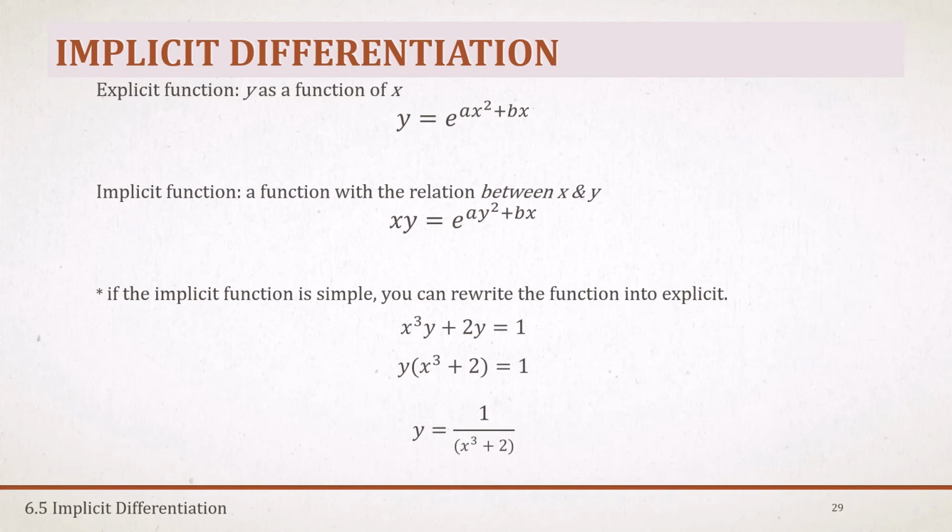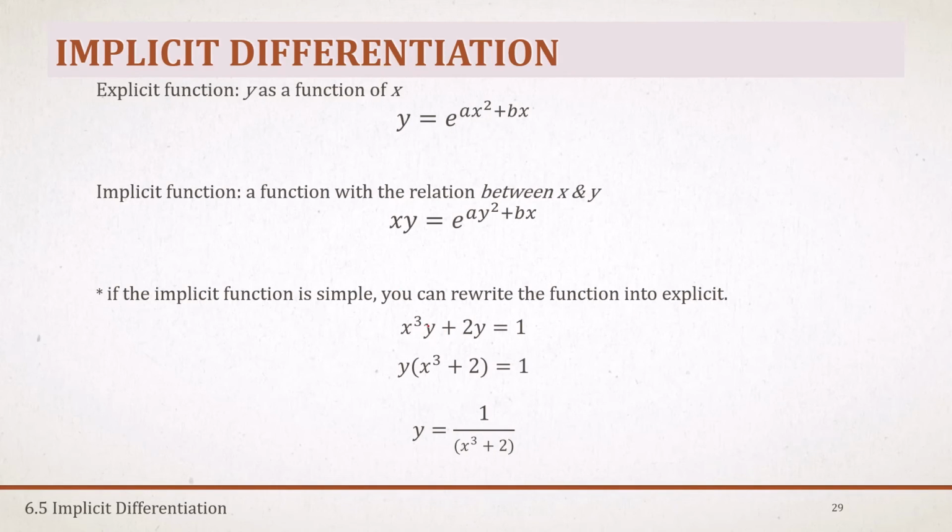So for example, over here we have xy equals e to the power of ay squared plus bx. Either you use the logarithm and so on, you cannot rewrite this in the form of y equals to something. But there are certain equations which you can easily rewrite into explicit.